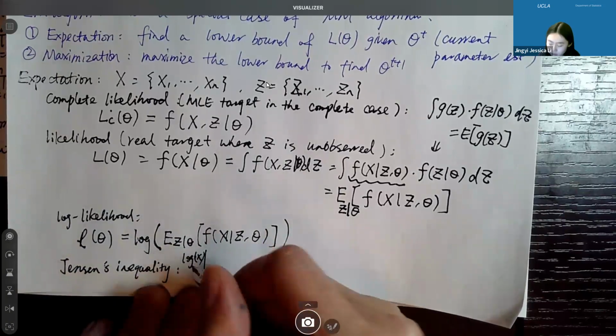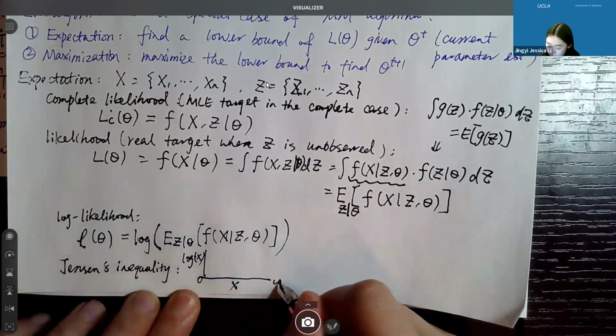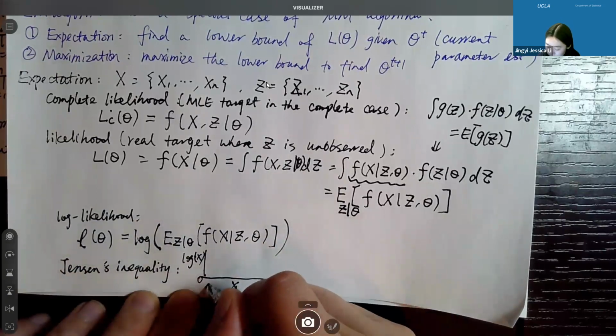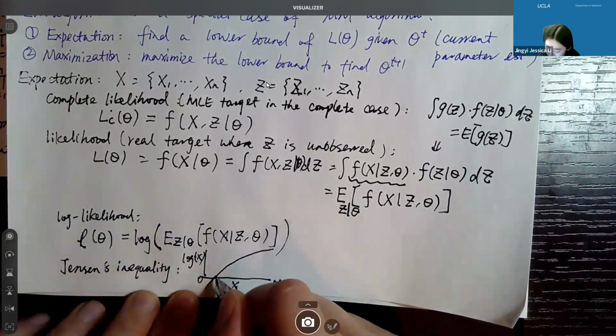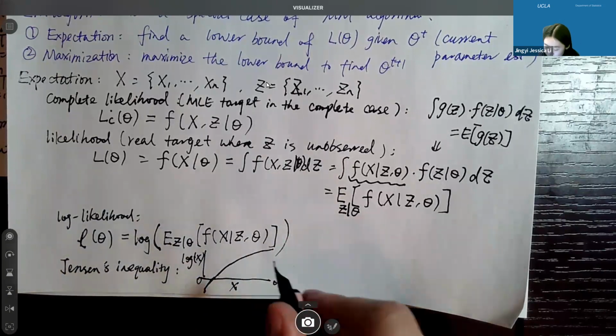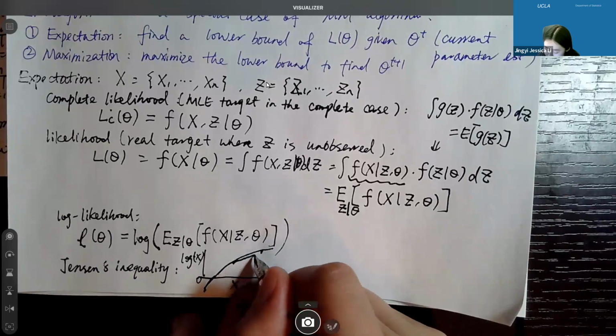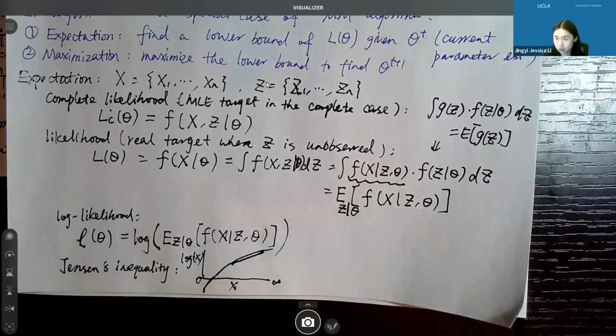If we plot this log function, say just the positive part, above 1 it looks like this, and we say it's a concave function. Concave means that if you draw a straight line between two values, the straight line will be below the curve. That's how we define a concave function.